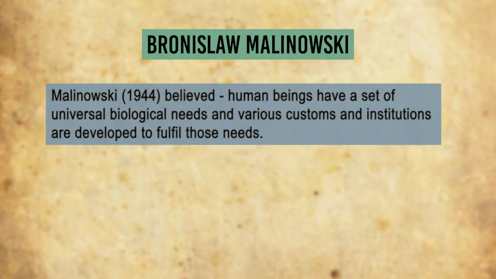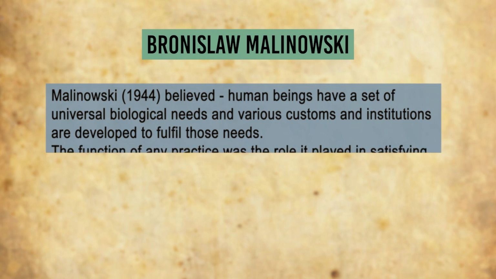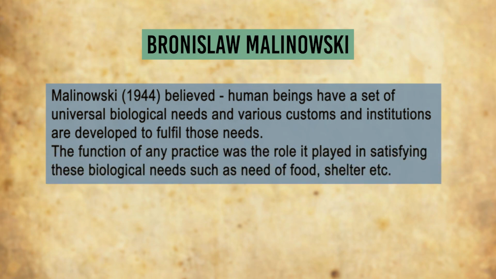In 1944, he argued that human beings have a set of universal biological needs which are common in all societies, and various customs and institutions are developed in order to fulfill those needs. The function of any practice was the role it played in satisfying these biological needs like food, shelter, and others.